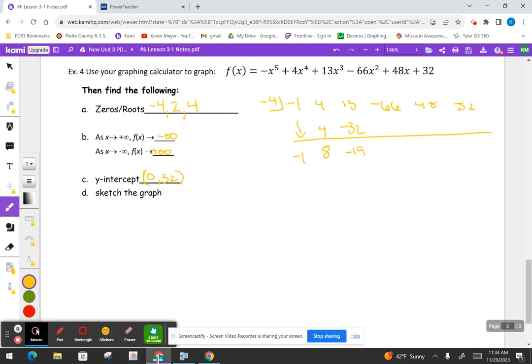And hopefully you're remembering the pattern of multiply, add, etc. And you should get the remainder of 0. Then do synthetic division the next time.